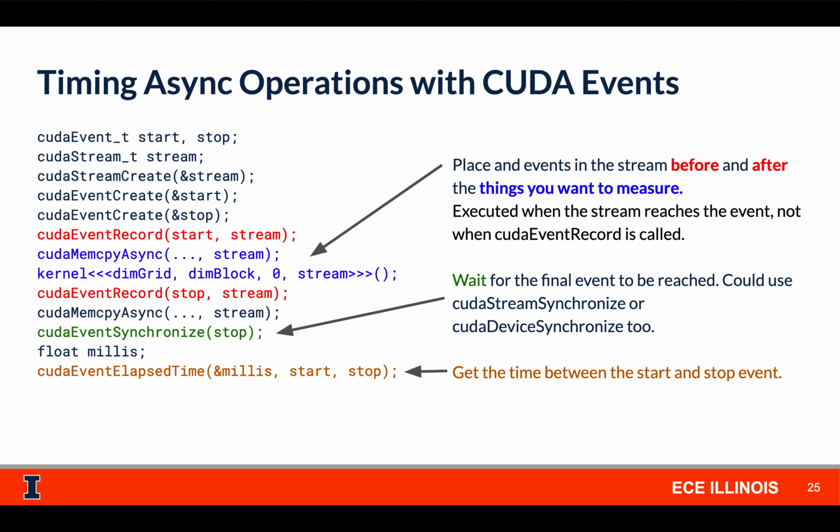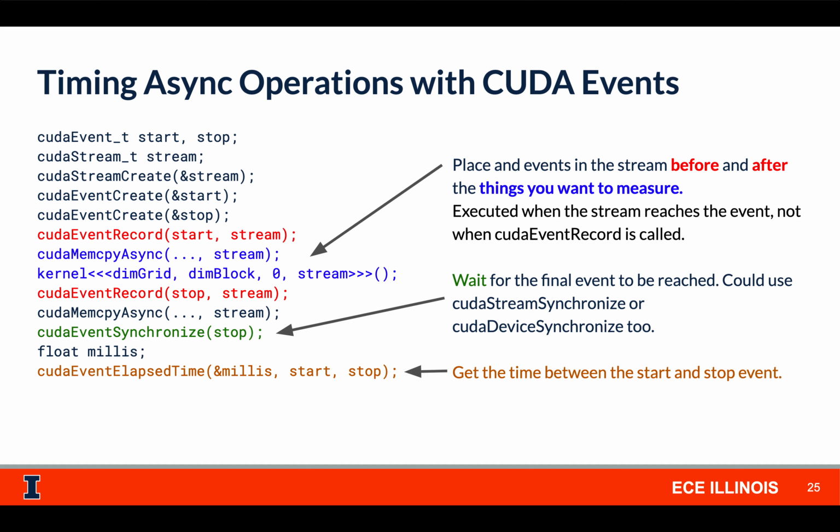And then you can ask CUDA how much time elapsed between those two events once the second event has happened. In this case, we would be measuring how much time elapses between the start of the memcopy and the end of the kernel execution.